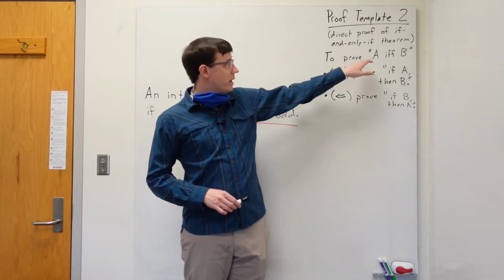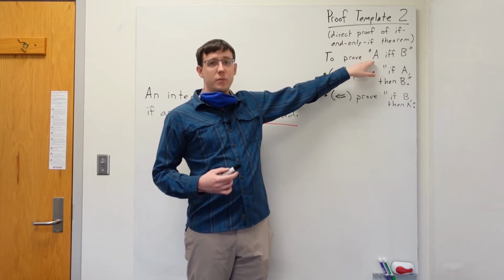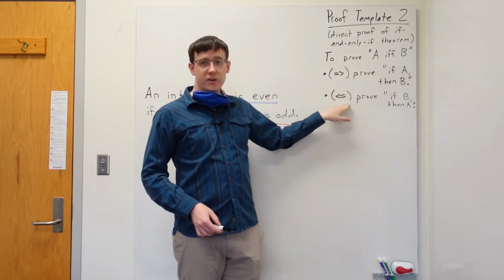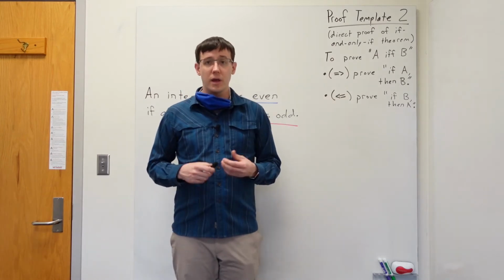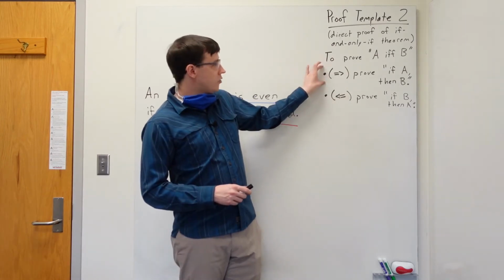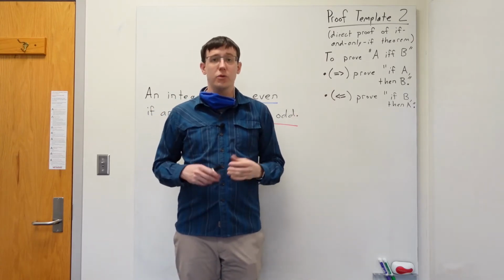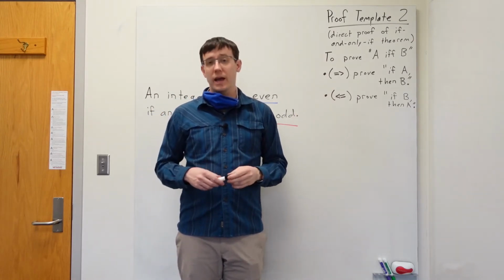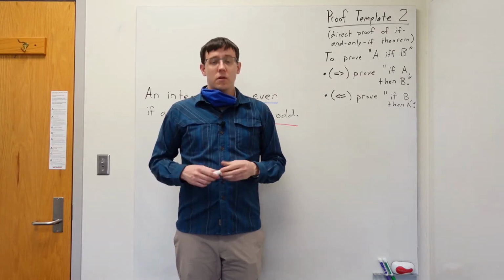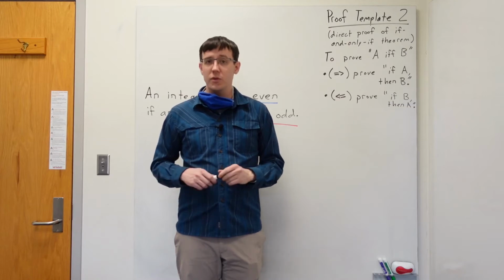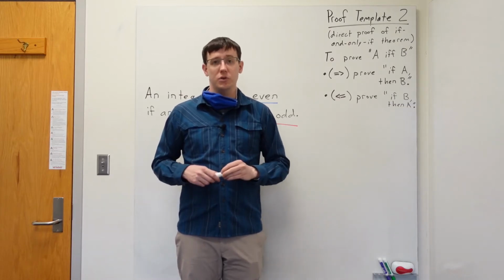We are breaking the if and only if statement down into the two if-then directions that make it up. And then we can prove each of these directions separately using whatever proof template we like for an if-then theorem. Right now, we have proof template 1 for if-then theorems, but we'll have more options available soon.